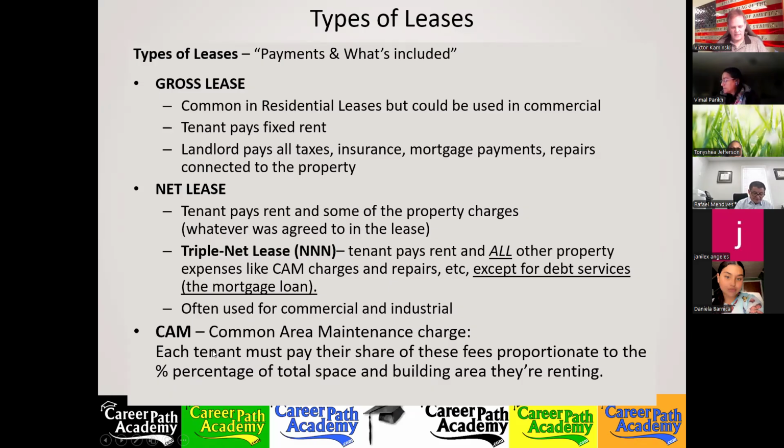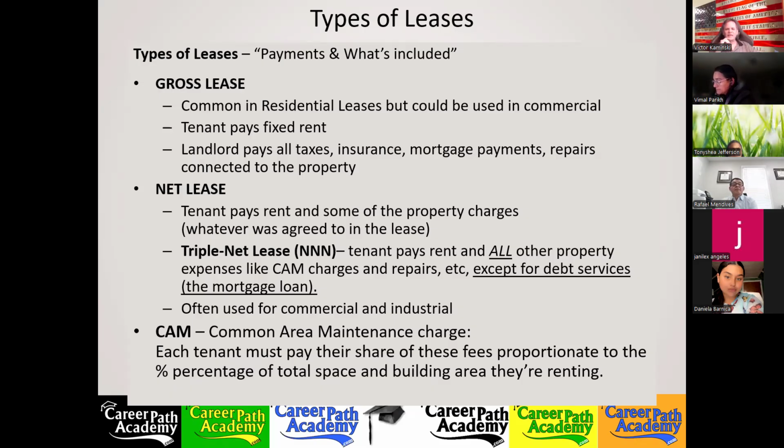Now, here's something I do not see in the book here. I'm going to make a notation. Because I don't see any definition about this in the book, but CAM, what are CAM charges?